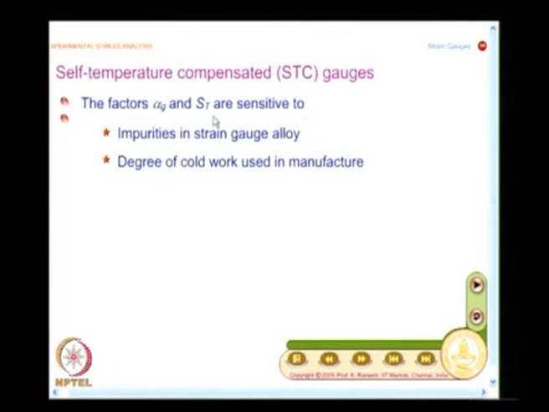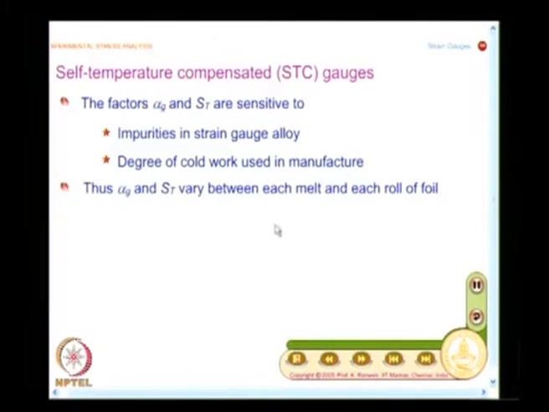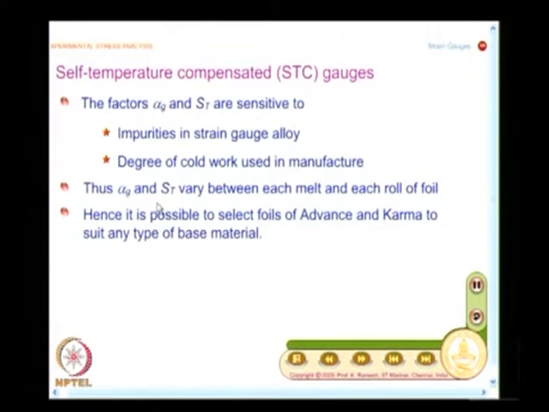And another aspect is, while making a strain gauge foil, you also do a cold work, and the degree of cold work used in manufacture. So, in essence what happens, the values of alpha g and St vary between each melt and each roll of foil.